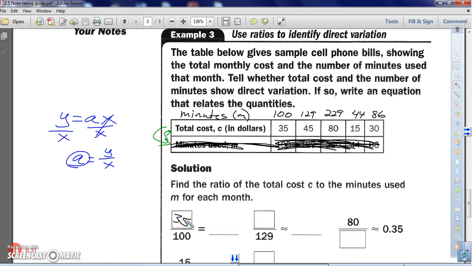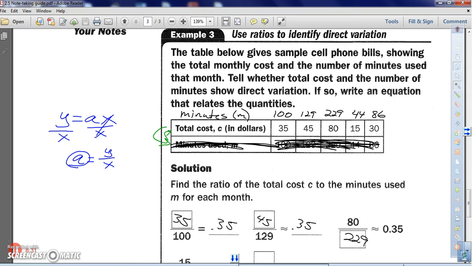So if I go 35 over 100, that's 0.35. Then I'm going to divide 45 by 129. When you do that, it's approximately 0.35. Then I'm going to divide 80 by 229. And guess what? It's approximately 0.35. And I'm going to do the same thing for the last two. And again, I get approximately 0.35 each time.